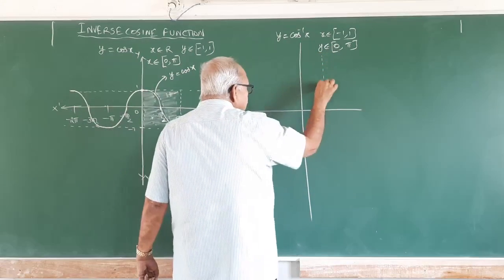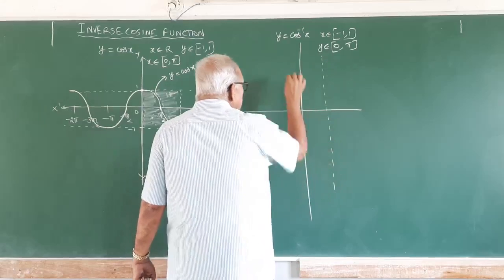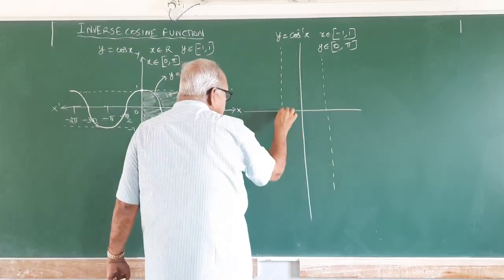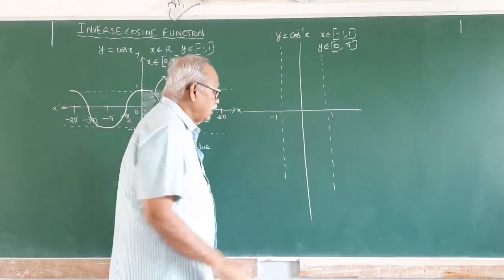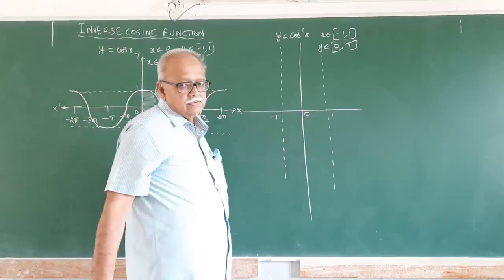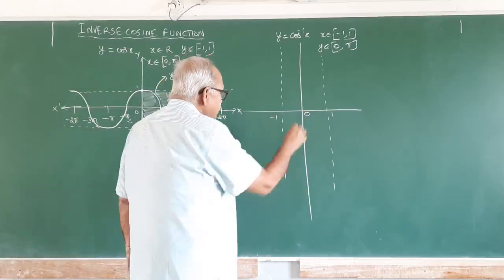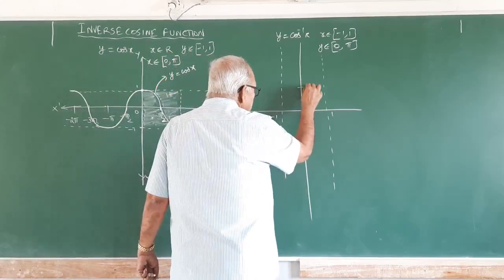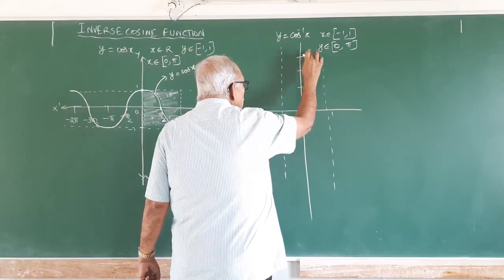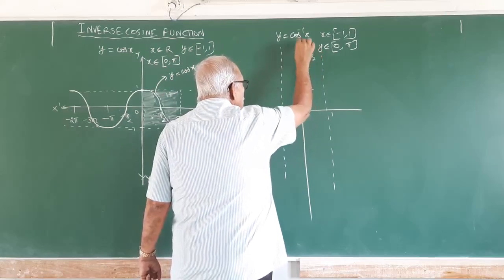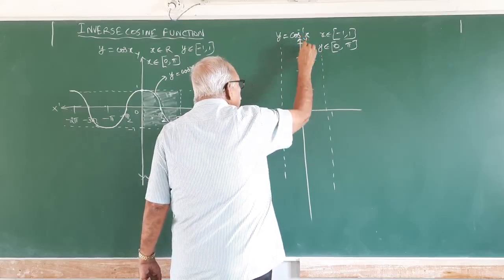Now here, what is the value of x for the cosine function? The domain of cos inverse of x is minus 1 to 1, and this is the origin. Now let us mark pi by 2, pi, 3 pi by 2 and 2 pi.